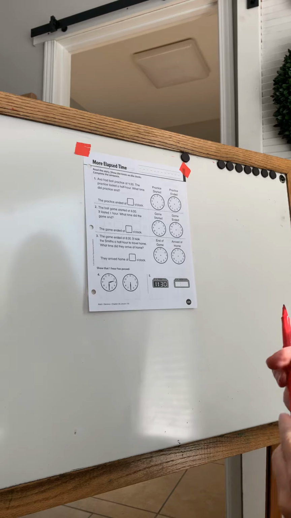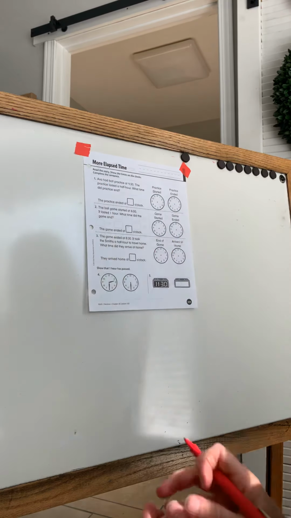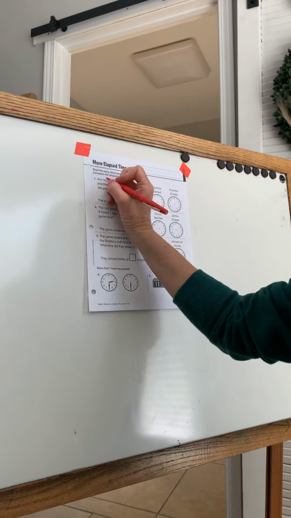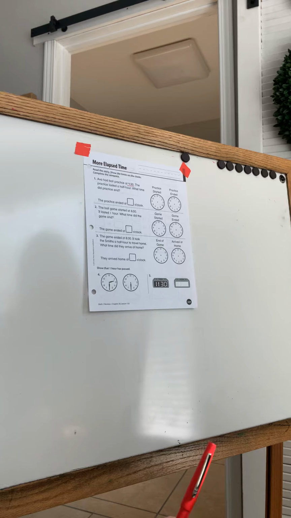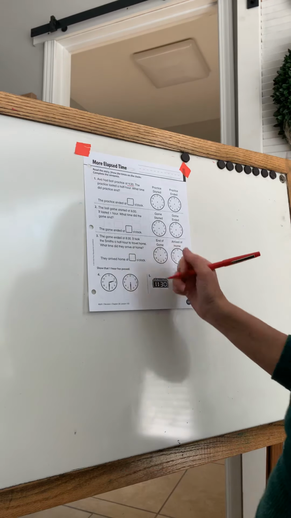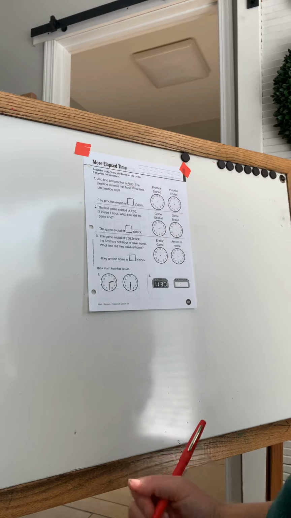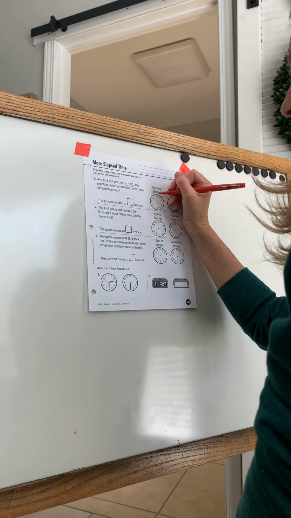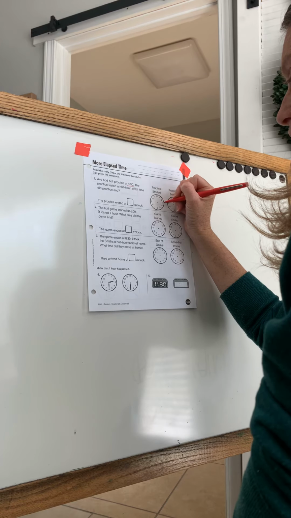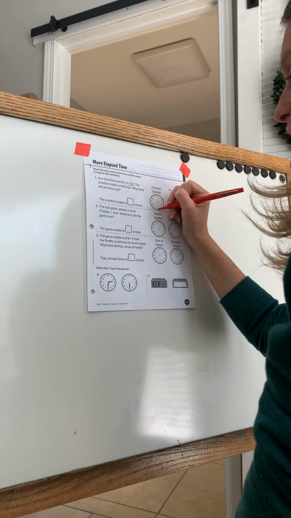Okay, so what I like to do if I'm going to solve a problem is I like to underline information that I need. So Ava had ball practice at 4:30. Okay, that's what time her practice started. So I'm going to go ahead and draw that on my clock, okay? Now, if I can't remember what 30 means without using the clock, I can count by fives. So 5, 10, 15, 20, 25, 30.